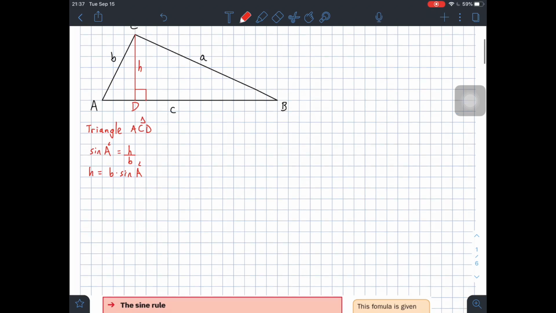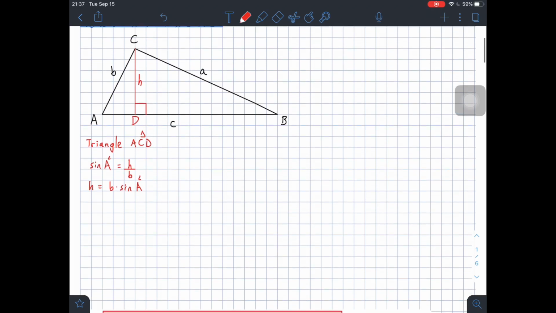Now, if we look at another triangle, for example, this triangle over here, triangle BCD, from this triangle, we could say something similar. We could say that sine of angle B, of this angle over here, is opposite H over hypotenuse, which is A, right?